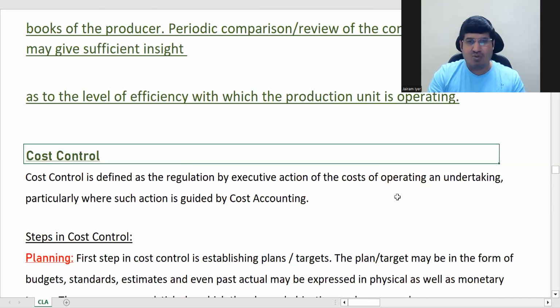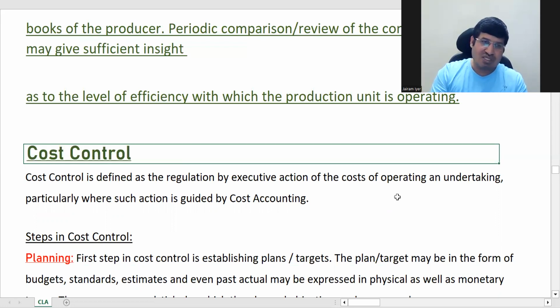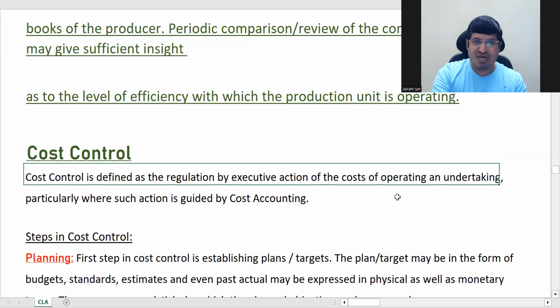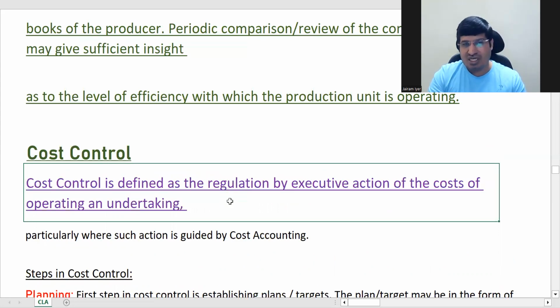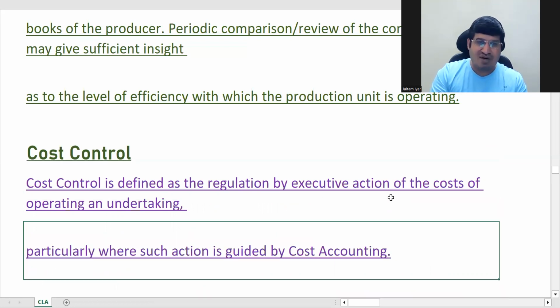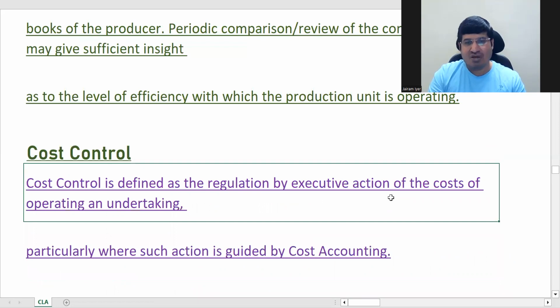Now we are going to two important concepts, which are cost control and cost reduction. So let's start with cost control. The definition is regulation by executive action of the cost of operating an undertaking, particularly where such action is guided by cost accounting.